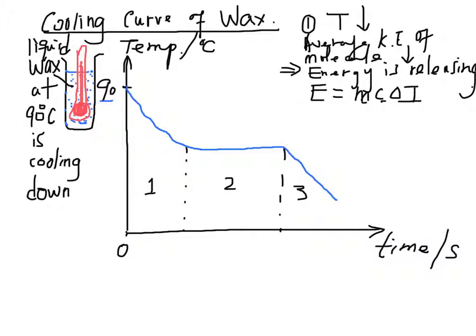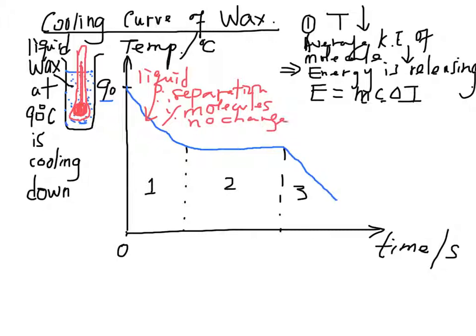However, in region 1, the state of the wax does not change. It's still in the liquid state, even though the temperature is dropping. Therefore, the separation between the molecules remains the same, no change, implying that the potential energy of the molecules has no change.